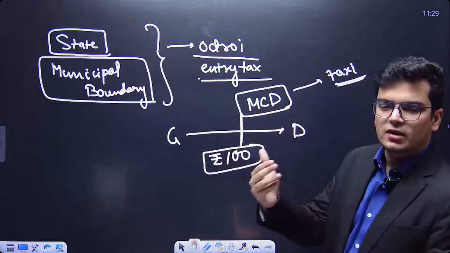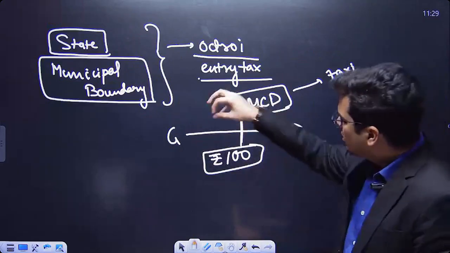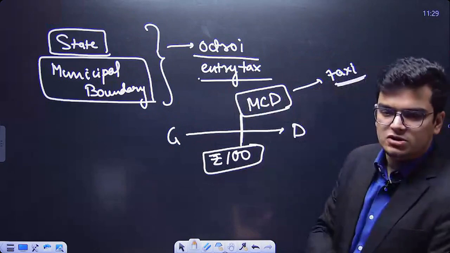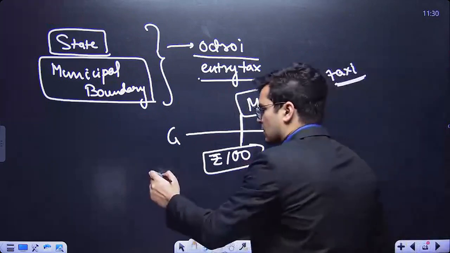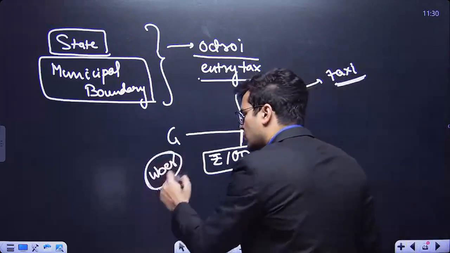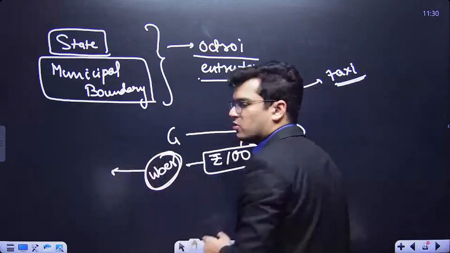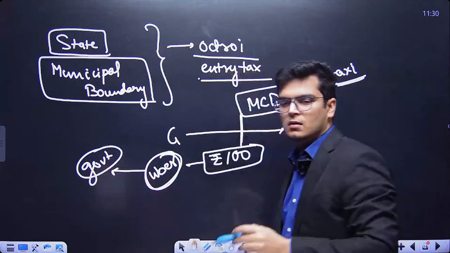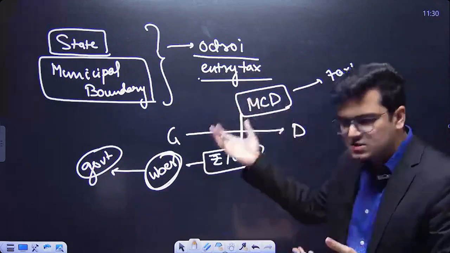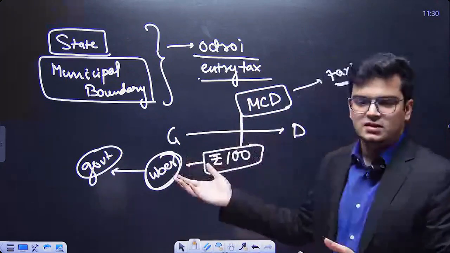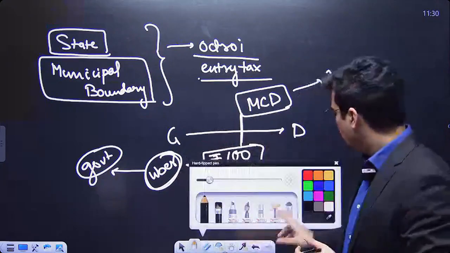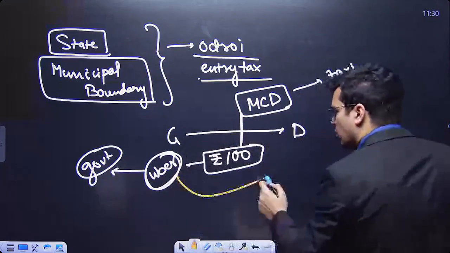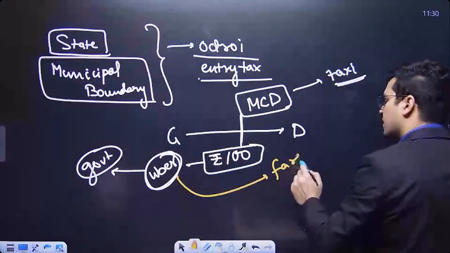Let's say I have booked an Uber cab. Who is actually changing the boundary of that commercial vehicle? Uber. So it is now Uber's responsibility to deposit this 100 rupees to the government. But who has caused this? Who got Uber to make this change? I did. So Uber will say to me now that your taxi fare was, let's say, 500 rupees.